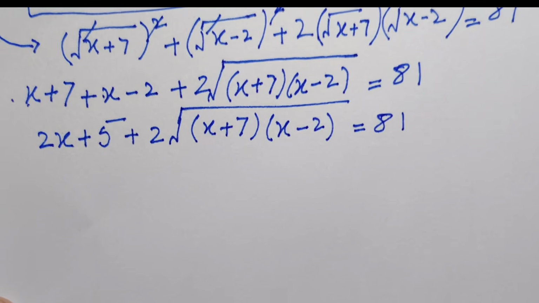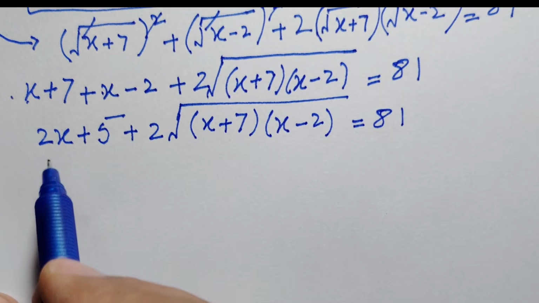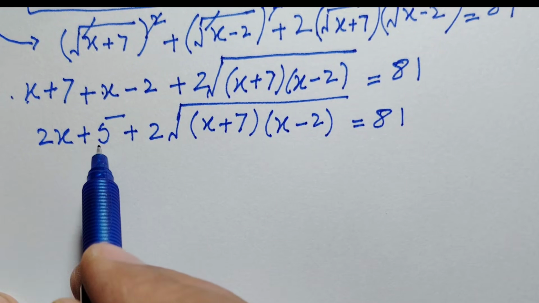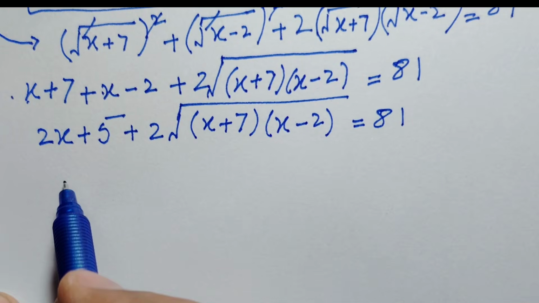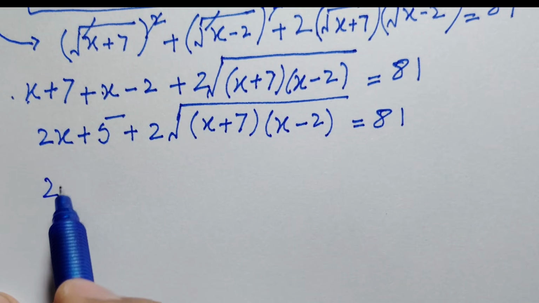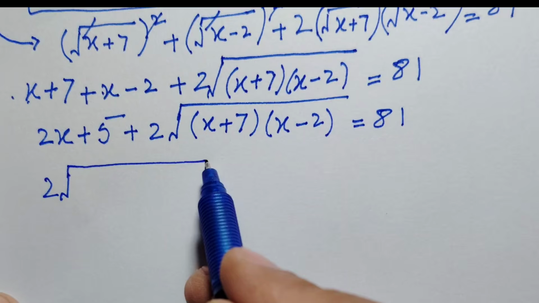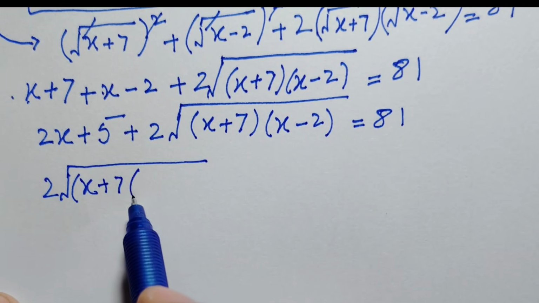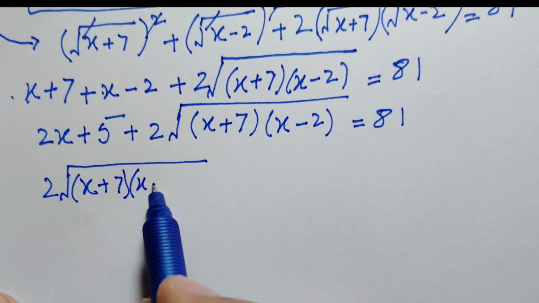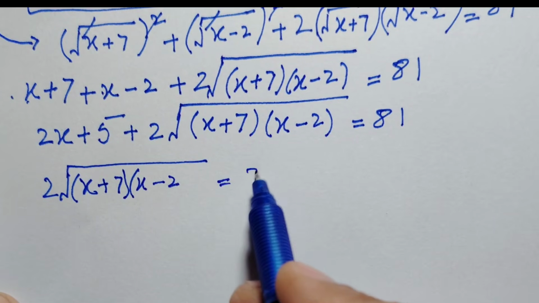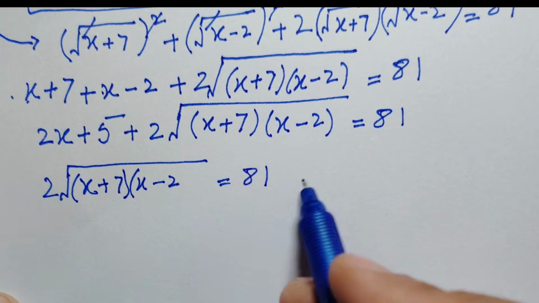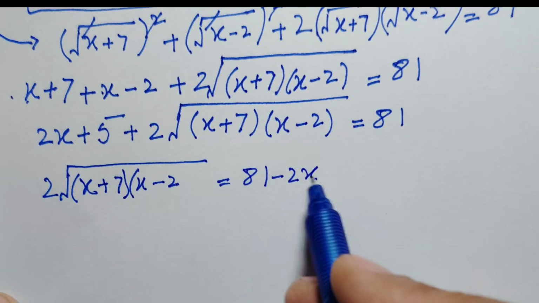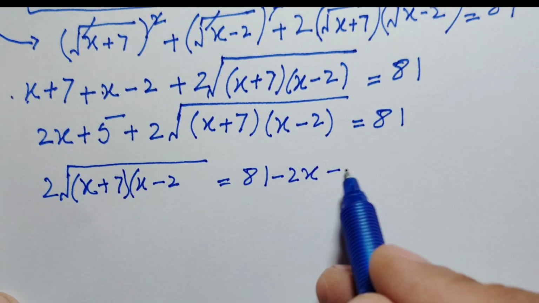Now on the left hand side we shift 2x plus 5 to the right hand side, and we get 2 square root x plus 7 into x minus 2 is equal to 81 minus 2x and 5 minus 5.